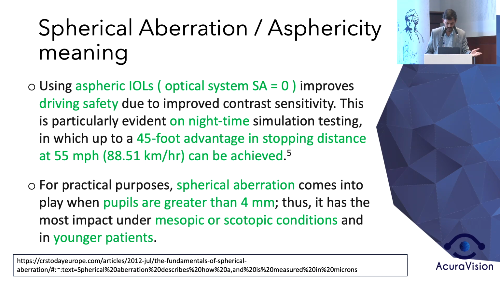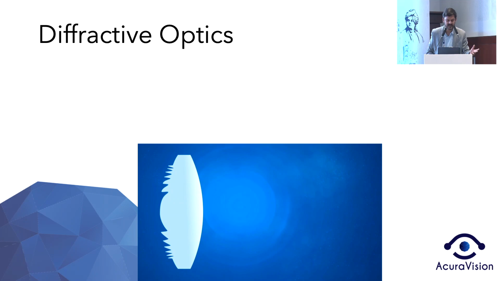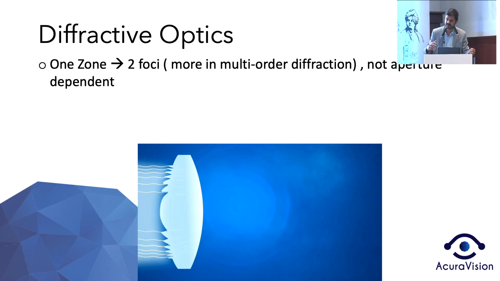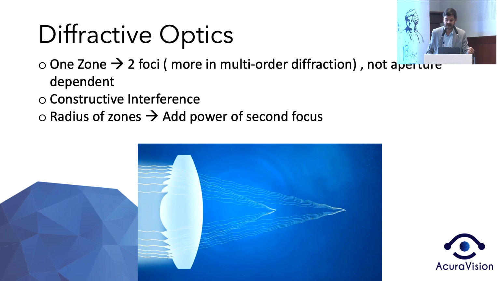If we look at diffractive optics, then it is a completely different way of using the light to get presbyopia correction, because one focus or one zone can give light to multi-orders. That is, it is not aperture dependent. Any exposed zone can give light to 2 or more foci.